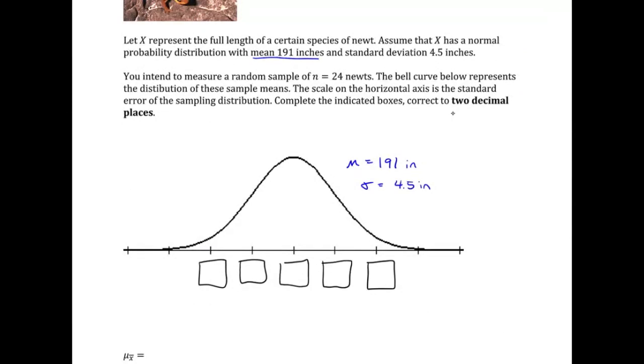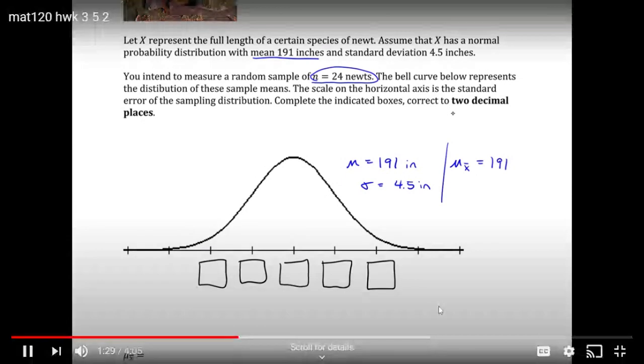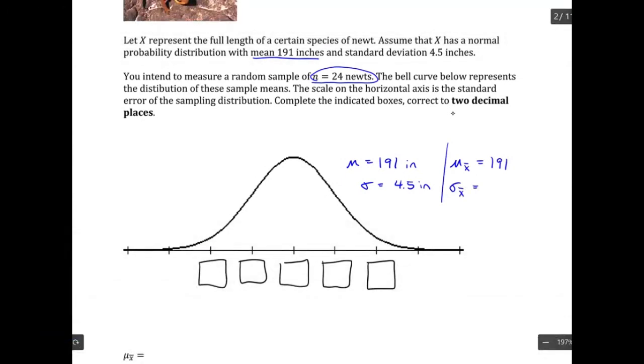The mean and standard deviation of the sampling distribution change depending on what size sample you have. So the mean of a sampling distribution for the mean is just equal to the mean of your population, so it's still 191 inches. The standard deviation of your sampling distribution for the mean is the original population standard deviation divided by the square root of the sample size.